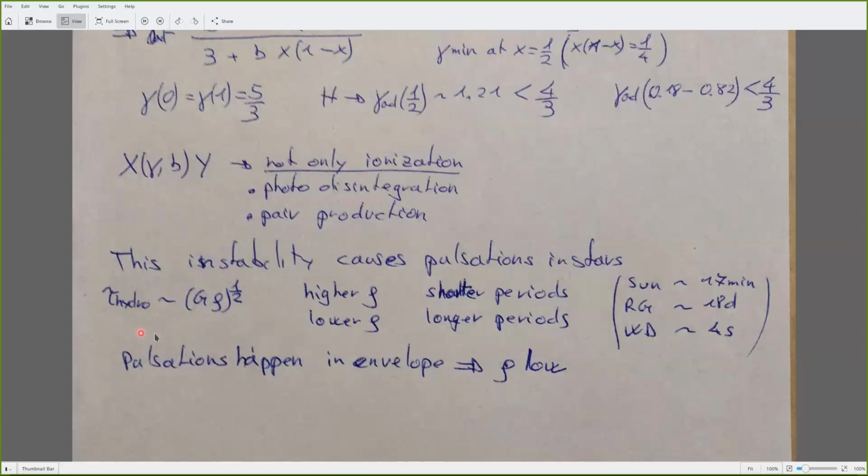The period goes with the density to a power, actually here it is minus. So if you are at higher density, you have a shorter period. If you are at lower density, you have a longer period. It is something that we saw.